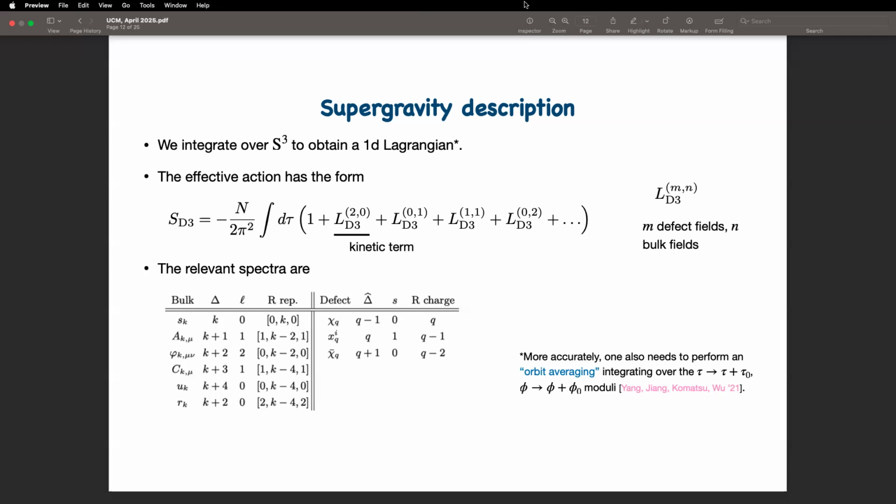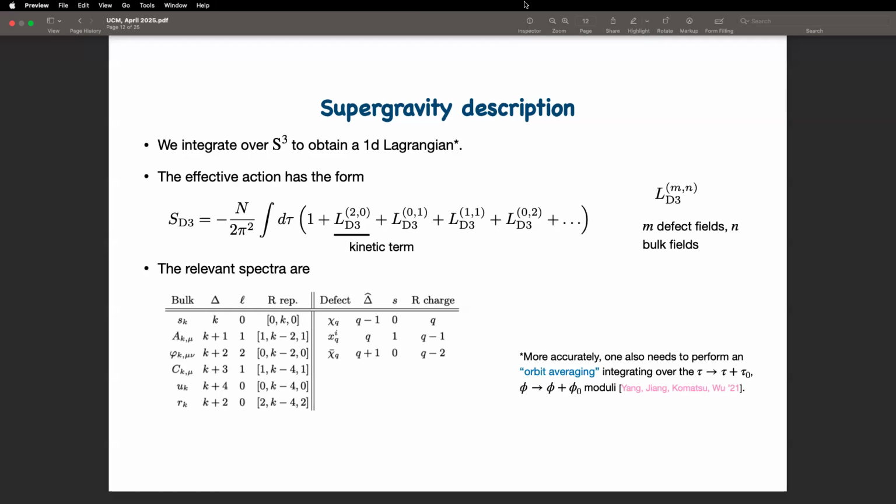For example, if you look at 2, 0, that is just the kinetic term on the defect because it carries 2 defect fields and 0 bulk fields. And this kinetic term will give you the spectrum of the defect fluctuations, which I'm summarizing here.